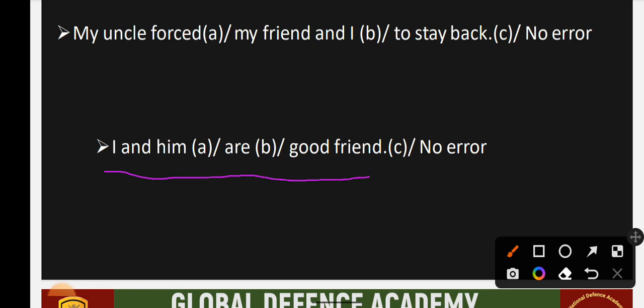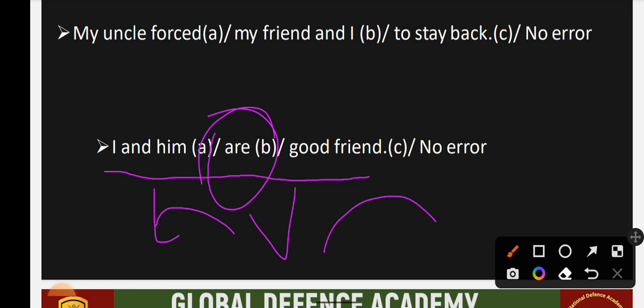Here, are is the verb for this sentence. And as I taught you, before the verb you have to use the subjective case of the pronoun, and after the verb you have to use the objective. This side is subjective and this side is objective.